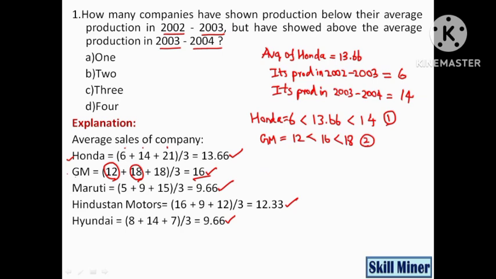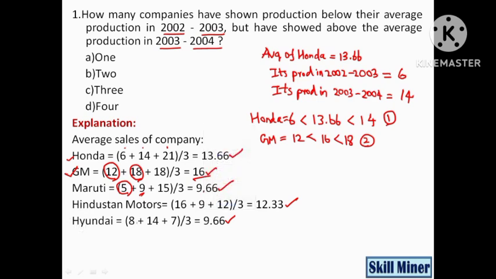Maruti will not satisfy the condition because Maruti produced less than the average in the first year, and in the second year, as per the question, it needs to produce more than the average. Since the average is 9.66 and the second production is 9, Maruti will not satisfy the condition. Likewise, Hindustan Motor also will not satisfy the condition.